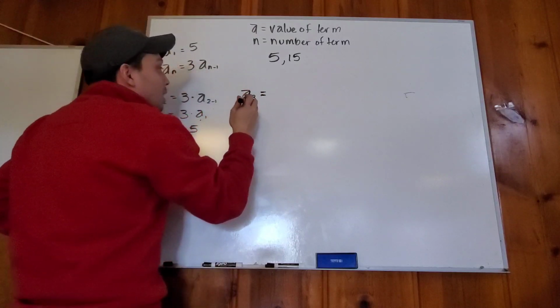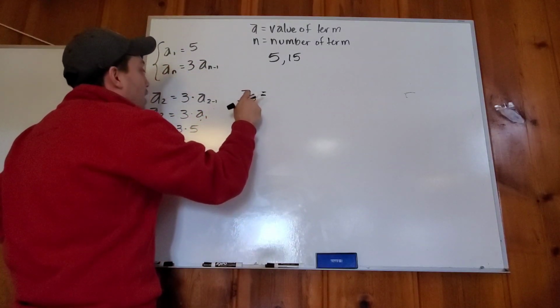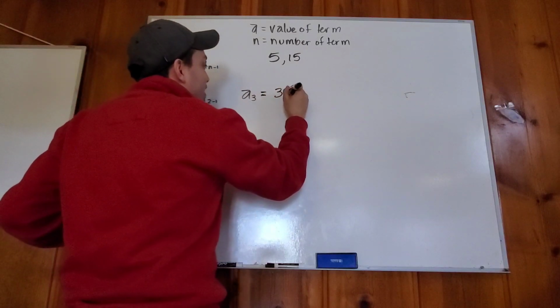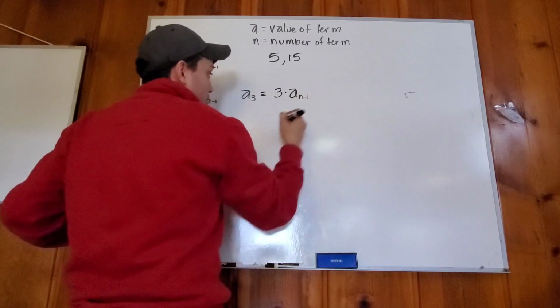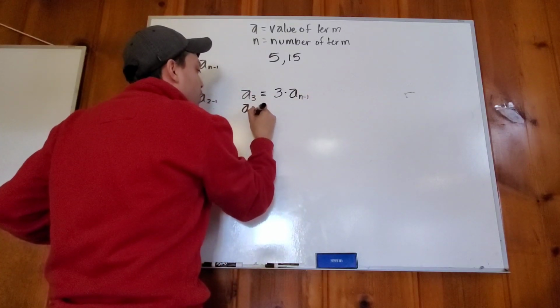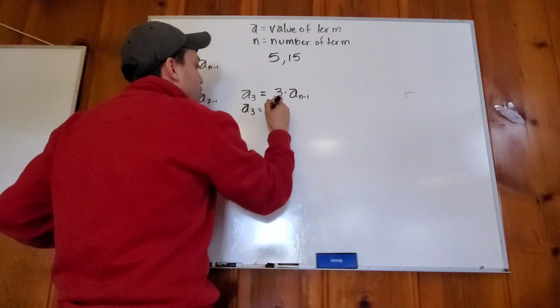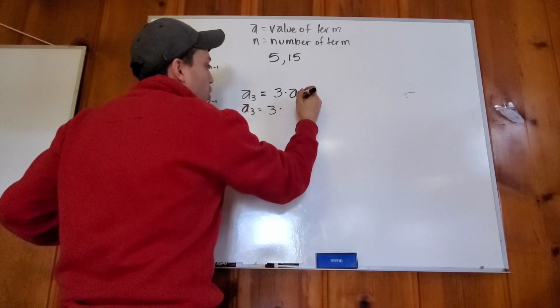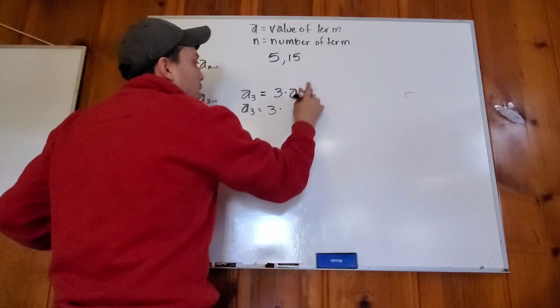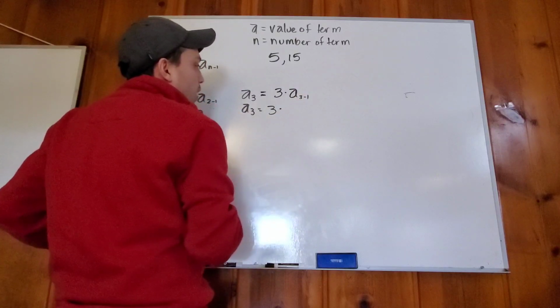I'm excited. So a of 3 equals 3 times a of n minus 1. So a of 3 equals 3 times a of 3 minus 1. I should have written it here, so I'm going to erase it real quick and then write it again.